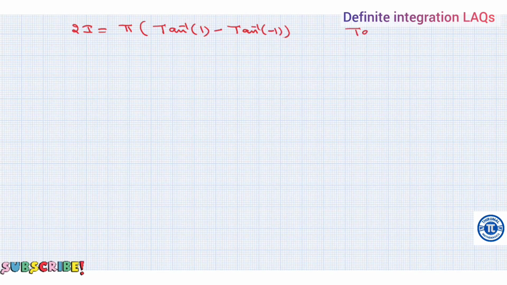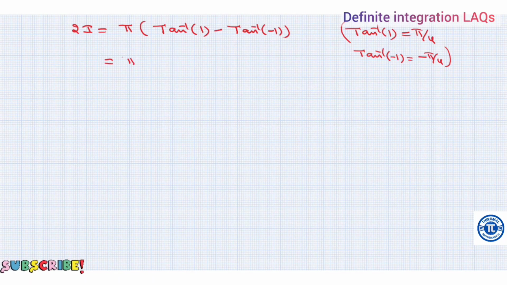We know that tan inverse of 1 is pi by 4 and tan inverse of minus 1 is minus pi by 4. Substituting both values, pi into pi by 4 minus minus pi by 4, so 45 plus 45 is 90, that is pi by 2.